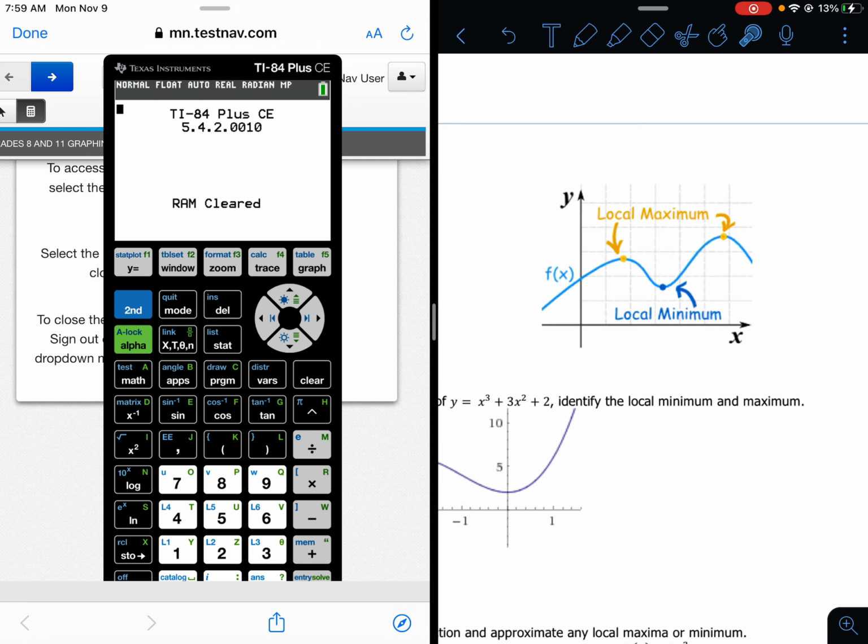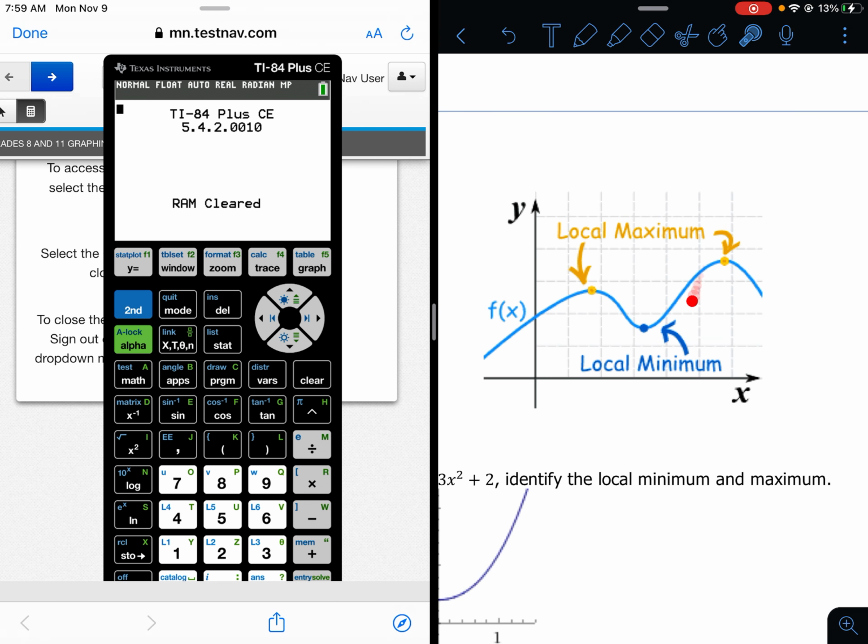The other thing that we will have to find, down here, is what is called local max and local minimum. Since the graph has curves to it, you have parts of it that dip down and come back up. Similar to parabolas, you can find these local max and local min by using your graphing calculator.